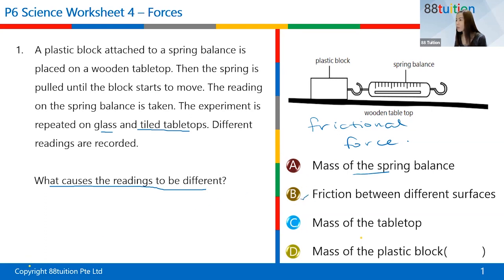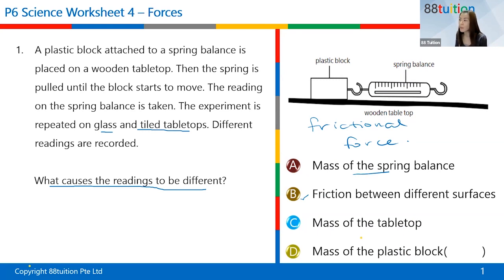Let's check whether this is correct. Mass of the spring balance, will it matter? It wouldn't. It's not going to affect anything, because none of the parts of the spring balance is in contact with the tabletop. The mass of the tabletop has nothing to do with what we are looking at here.